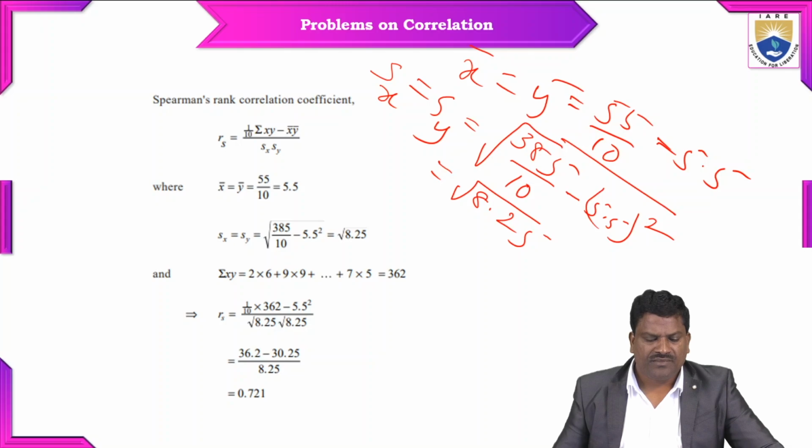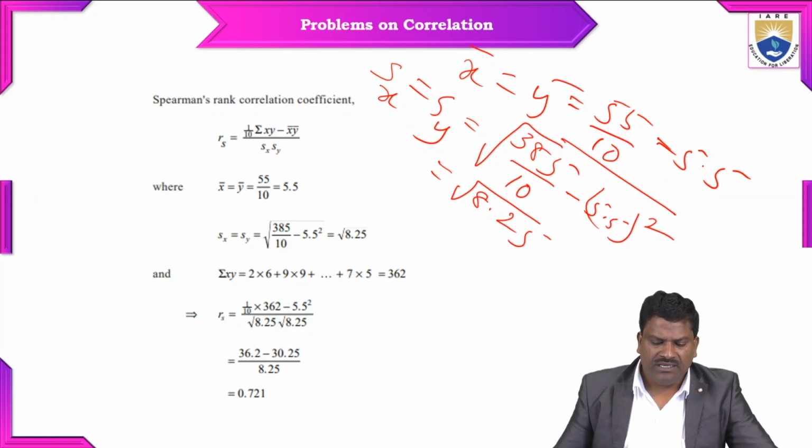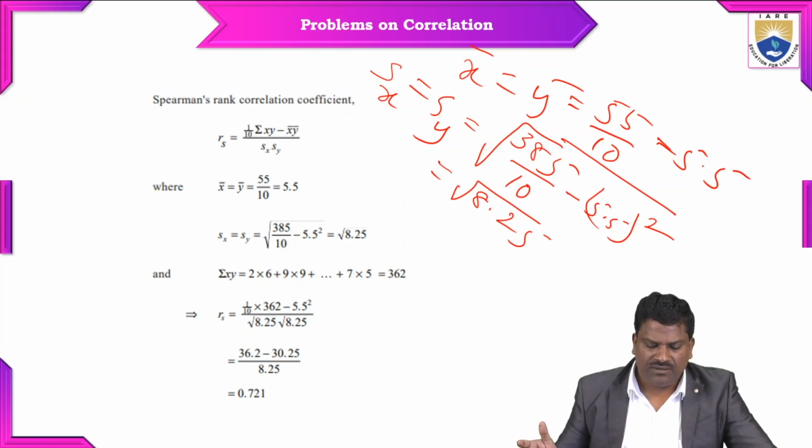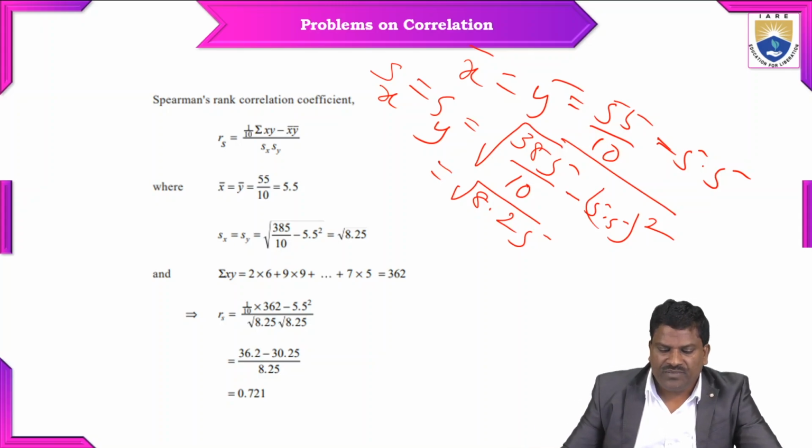And let us find sigma xy. It is 2 into 6, plus 9 into 9, plus and so on, up to 7 into 5. It is 362, from the table. So we are finding this sigma xy. Now let us substitute the values.